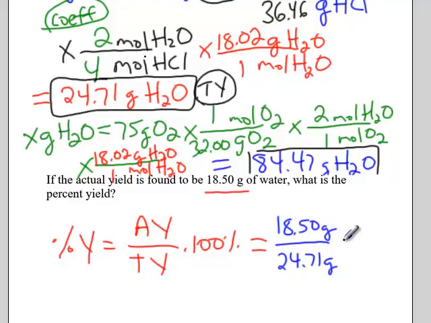So in the lab, you won't always get 100% yield. Many reactions are very low percent yields. And in this case, we get a percent yield just under 75%.